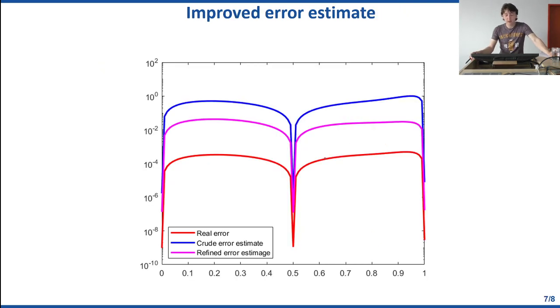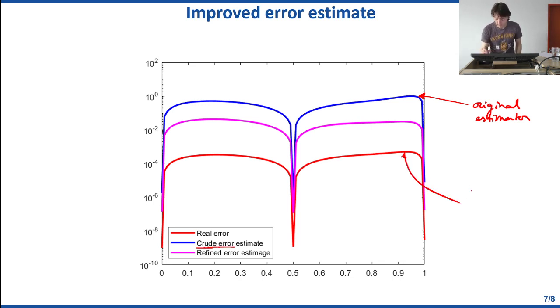Which means that in the end we get a graph like this. So again, this was our original estimator. I'm calling this also a crude error estimator. This is the real error. And this is now the improved version.